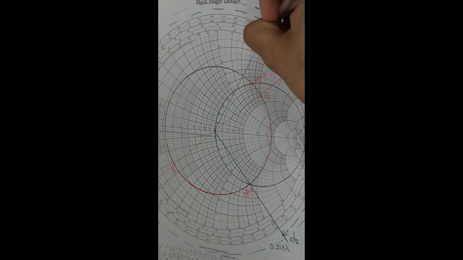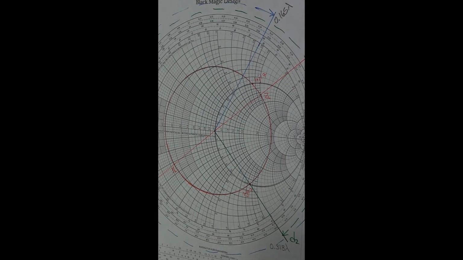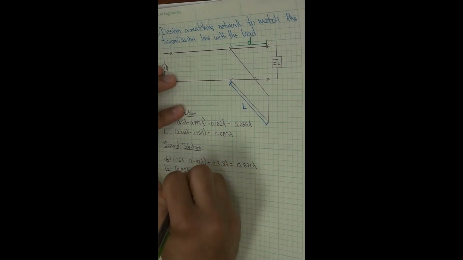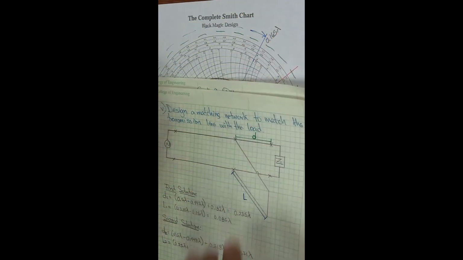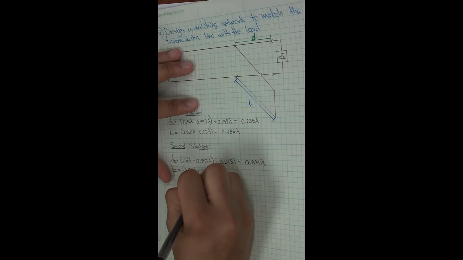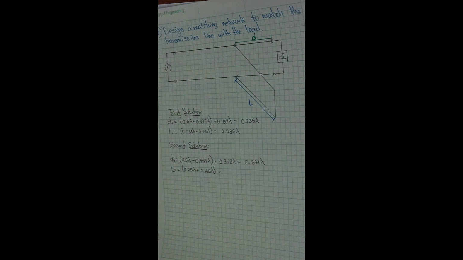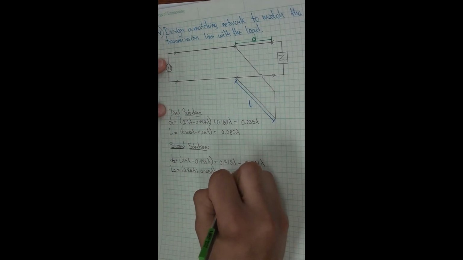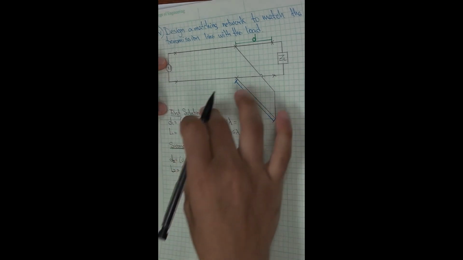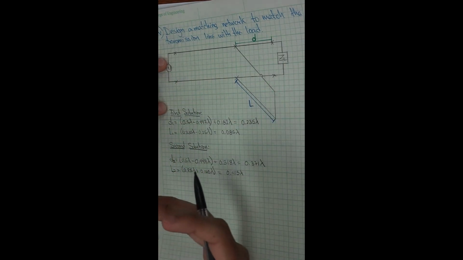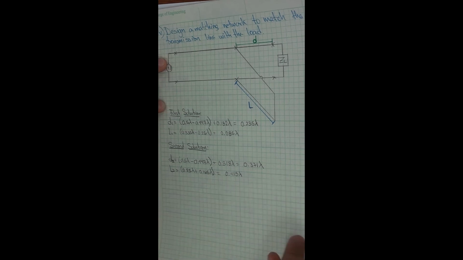So that position will be 0.165 lambda. So we need to add 0.25 lambda plus 0.165. That length should give us the longer length for our matching network, which will be 0.415 lambda. This D2 and L2 will constitute the second solution for our matching network. Thank you very much.